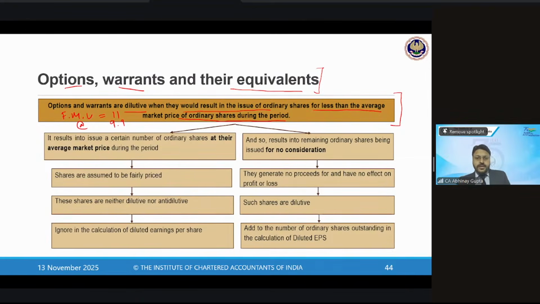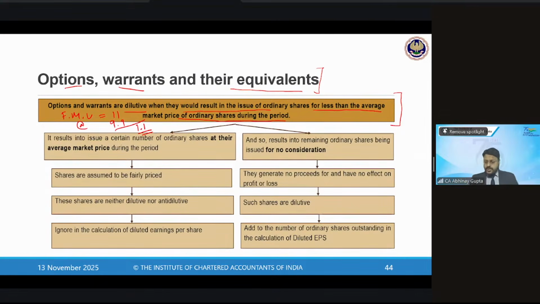So 1.1 was the delta. Now this 1.1 per share benefit is getting passed on to the option holder at the cost of the existing shareholders of the company. Until now we are on the same page.